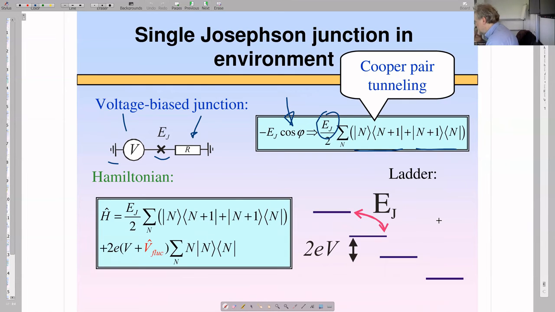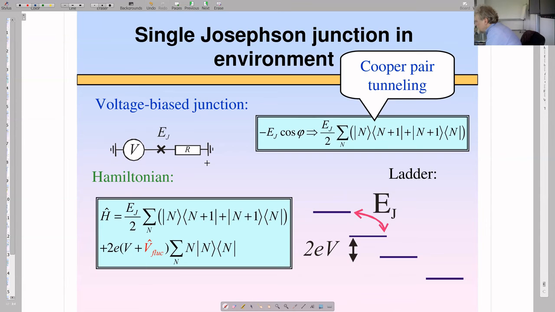The simplest environment which we can devise is a resistor which shunts this junction, and we can bias the whole system with a voltage source. We are in the superconducting regime, so we don't have tunneling of single electrons, but we do have Cooper pair tunneling.